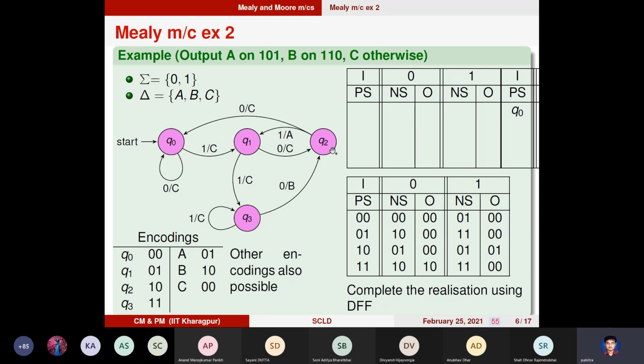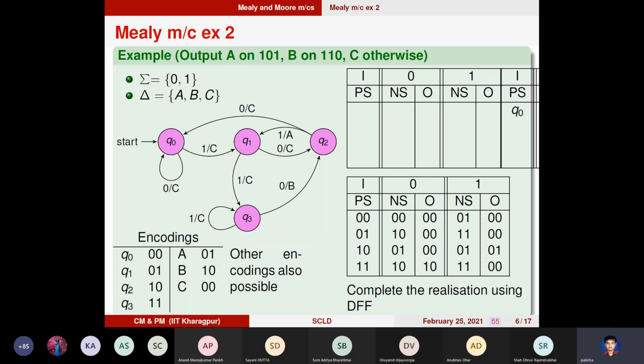So if I am at Q2, that means I have seen 1, 0. If I received another 1, then what should be the output? A should be the output. And what should be my state? What are the last 2 things that I have seen? 0, 1. So Q1.